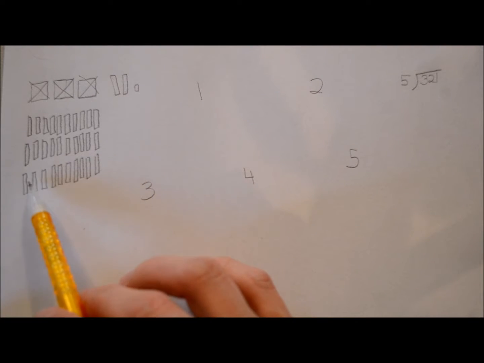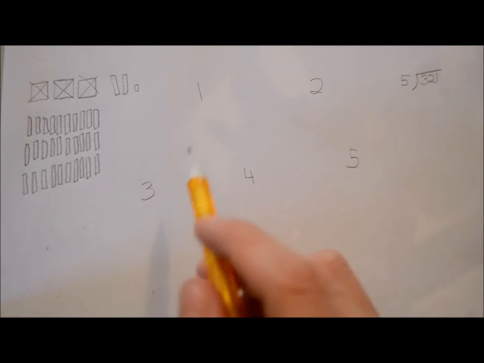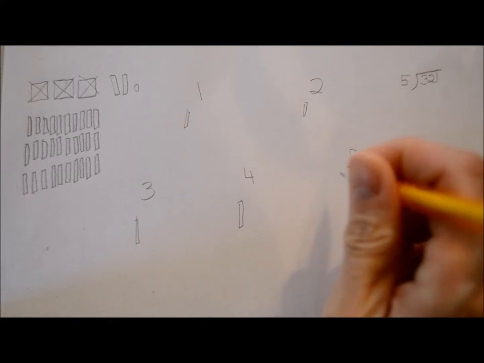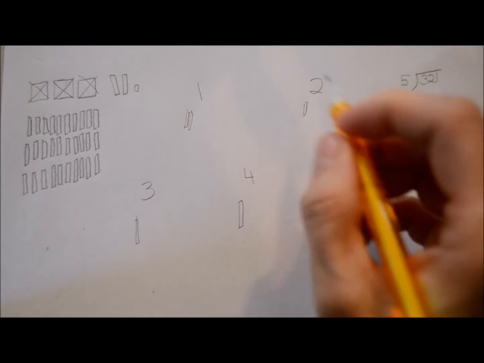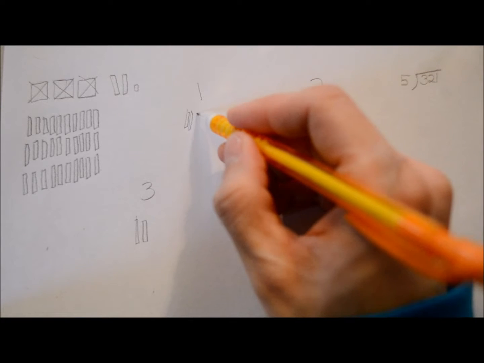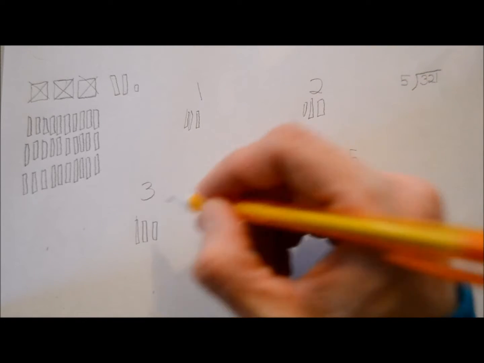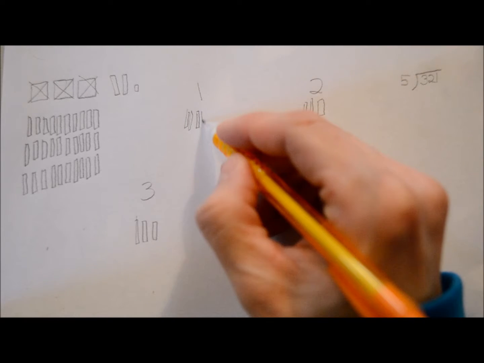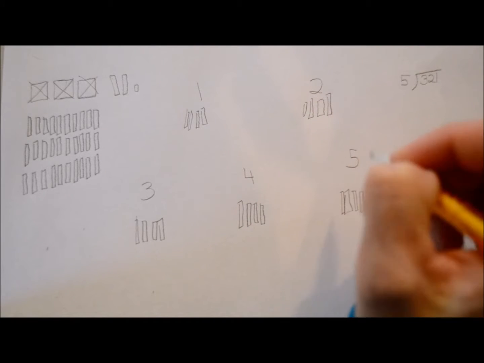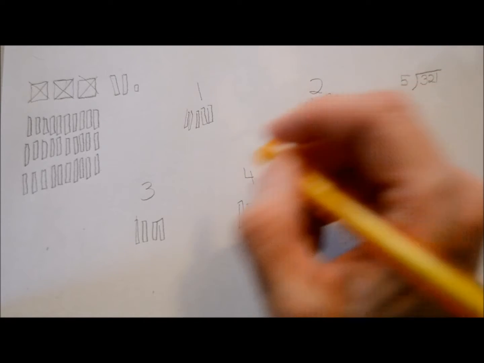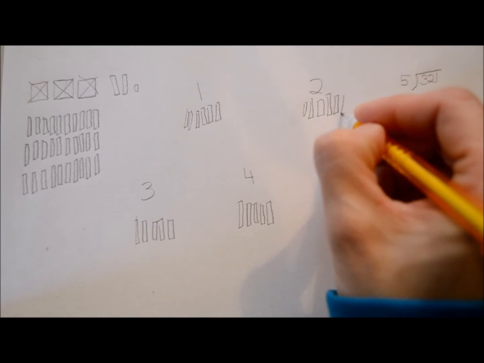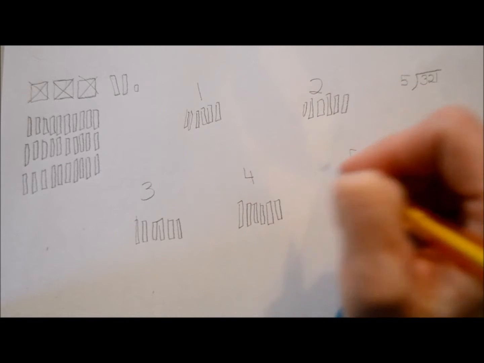So I'm going to start counting out my 32 10 rods. 1, 2, 3, 4, 5, 6, 7, 8, 9, 10, and on up to 30.